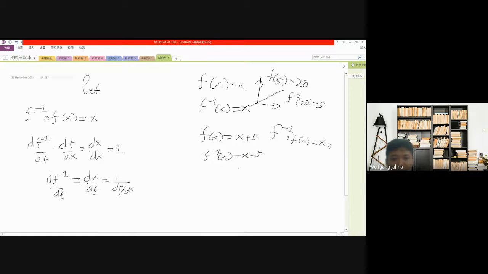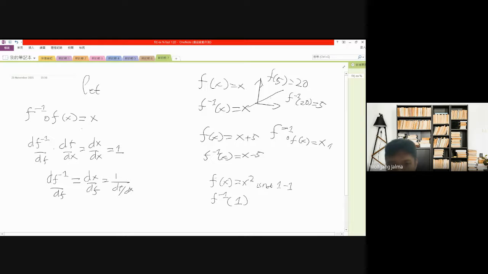So for example, if we have f(x) equal x squared, what is the derivative of f inverse at x equal 1, for example? Now, as you know, the function x squared is not bijective, it's not one-to-one. If it is not bijective, we don't have the inverse.